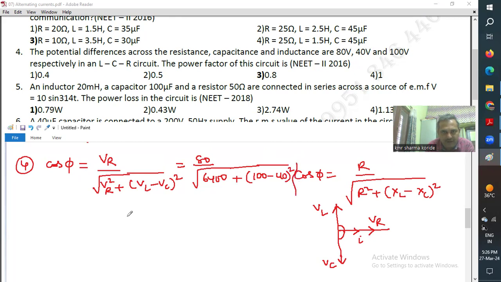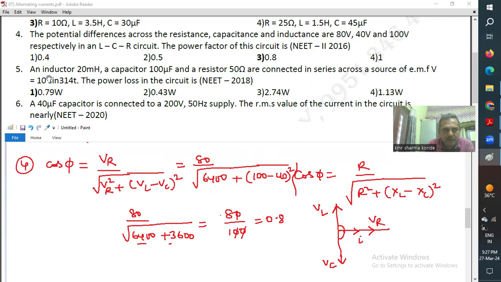If you simplify it further, 80 by, so this is 6400. This is 100 minus 40, 60, but 60 square, so it will be 3600. So 80 by, this is 10,000. Root 10,000 is 100. So therefore, the answer will be 0.8. So the third option is correct.